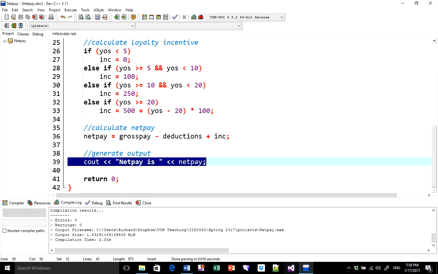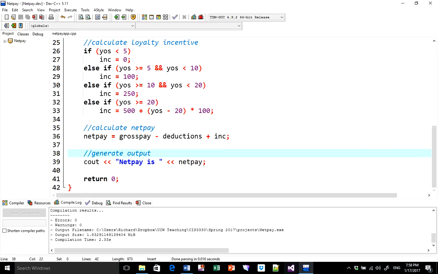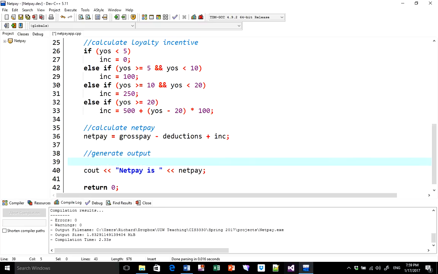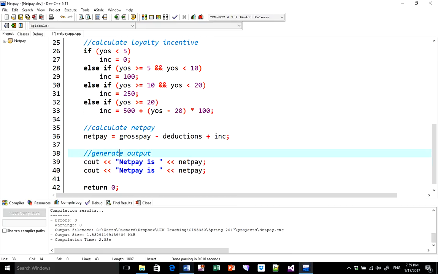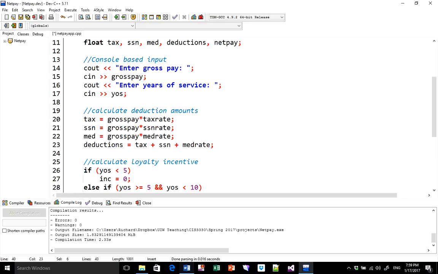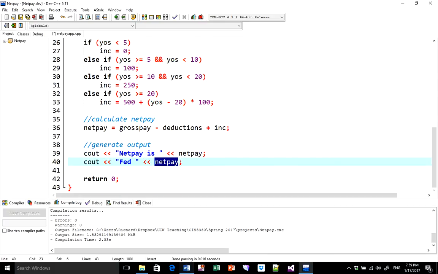Hold on, let me try this. Fed assessment. Tax assessment.